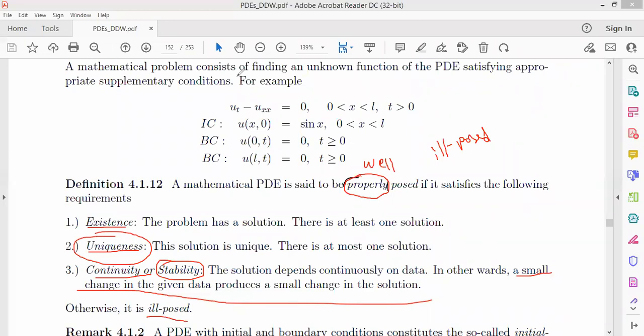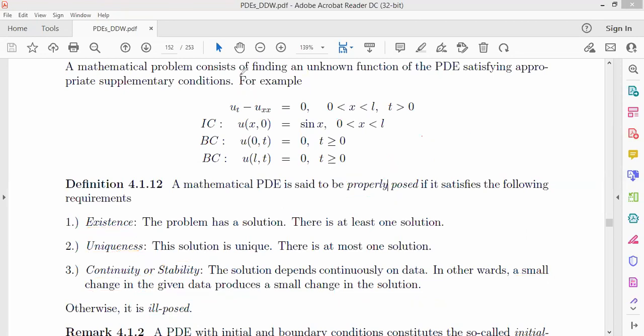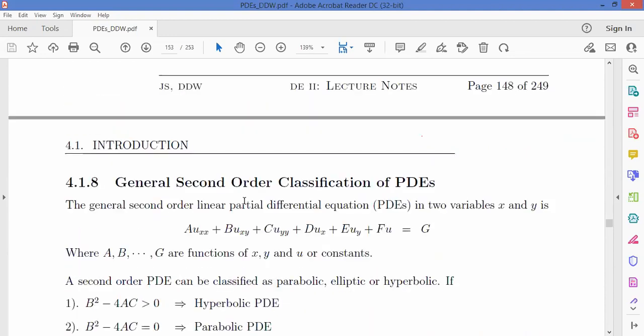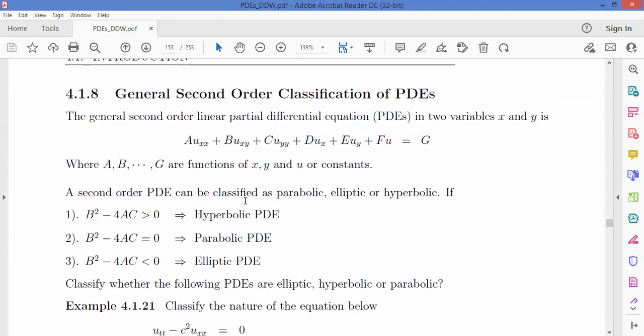If we move along now, general second order. Okay, let's do some classification here, and under the categorization.